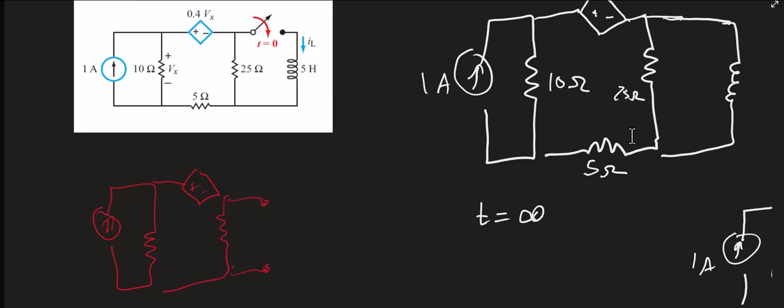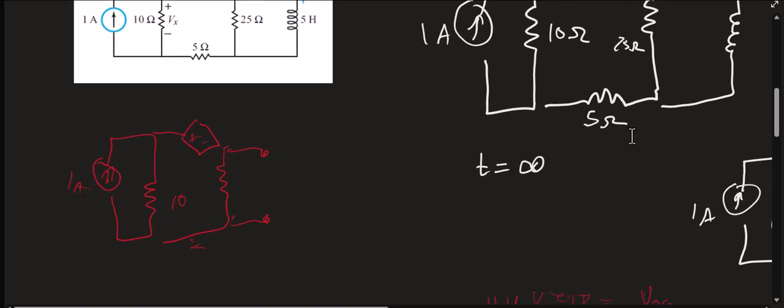And we need to find the voltage across where the inductor would be. So it's still going to be true that if we make this ground right here, I forgot my 5 ohm resistor. If we make this ground right here, then if we have 0 here, then we have to have 10 volts right there because of our 1 amp voltage source.